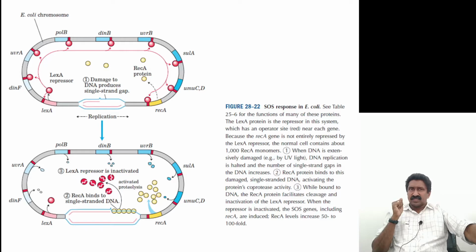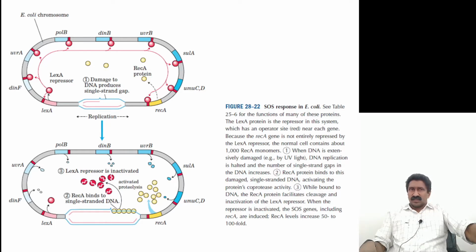The RecA gene is not entirely repressed by the LexA repressor, whereas the other genes in the system were completely repressed by the LexA repressor protein. Even though the RecA gene is repressed, it is not completely repressed, and some amount of RecA protein can be produced even after binding of LexA at this point.